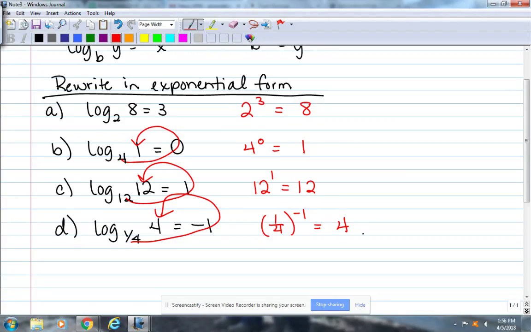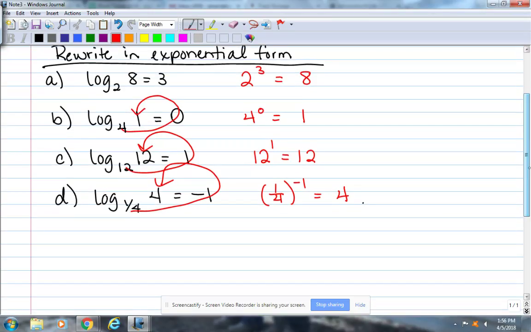And that's true because 1 to the negative 1 and 4 to the negative 1, we flip them, and that's going to be 4 over 1, which is 4. Exponent rules: negative exponents go to the other part of the fraction. I do parentheses because you're raising the whole fraction to the negative 1 power, not just the 1.